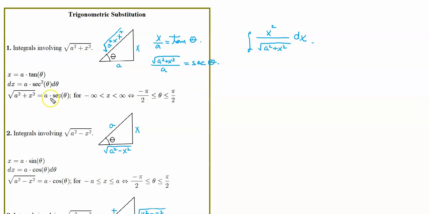The square root would become a secant theta, and the dx would become a secant squared theta d theta. You do all of these substitutions, and then this would turn into an integral involving powers of secant and tangent, and then you can evaluate it. All right, so that is case one. That's integrals involving terms that have the square root of a squared plus x squared.